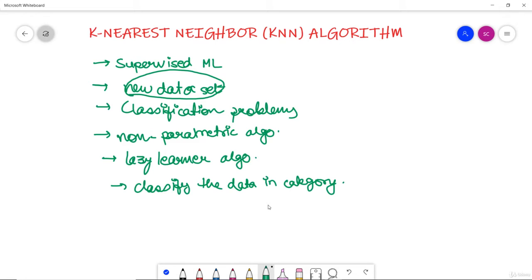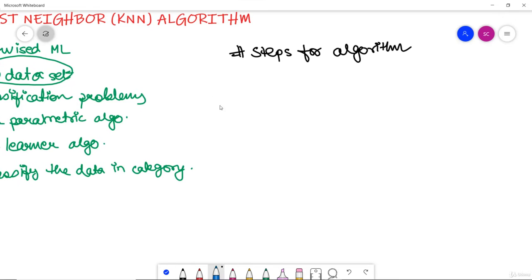So this is about the KNN algorithm, and next we are going to see how KNN works, or what the steps for this algorithm are. The very first step is to select the number K of the neighbors.